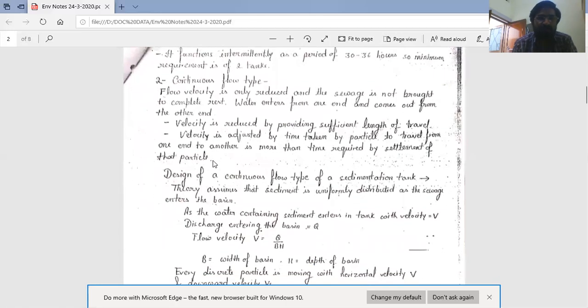In a continuous flow type tank, velocity is reduced by providing sufficient length of travel or length of tank. Then velocity is adjusted so that the time taken by particles to travel from one end to the other is more than the time required for settlement of that particle.